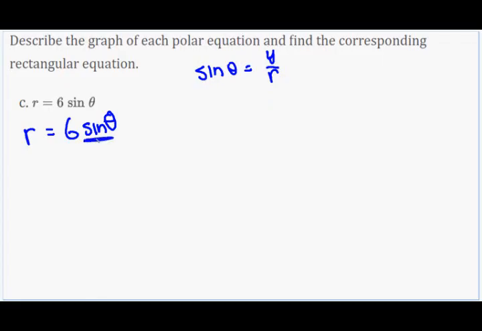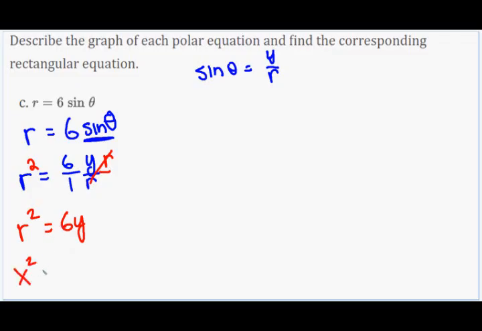So I'm going to take out this sine theta and replace it. This 6, I'm going to put as 6 over 1. Sine of theta is y over r. Now, if I multiply both sides by r to clear this denominator, r times r is r squared. So now we have r squared equals 6 times y.